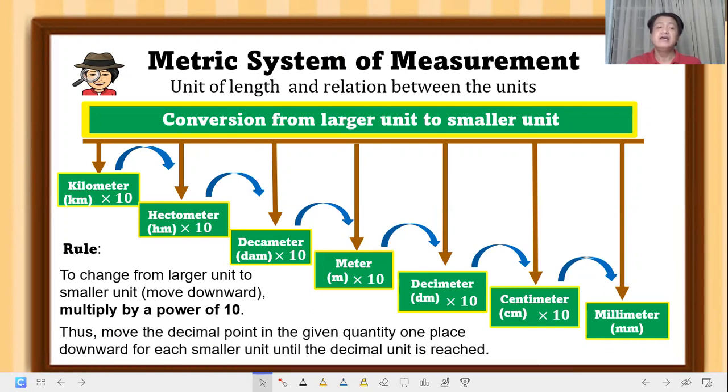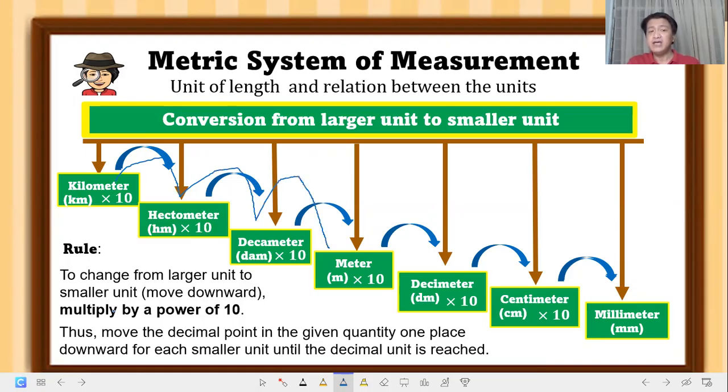Okay, meaning to say, pwede rin ito, no? Move the decimal point in the given quantity one place downward for each smaller unit until you reach the desired unit. Okay? Ibig sabihin yan, kung nandito ka, kilometer, kino-convert natin papunta sa meter, syempre downward yon. Bibilangin mo lang yung step mo. Let's say 1, 2, 3.